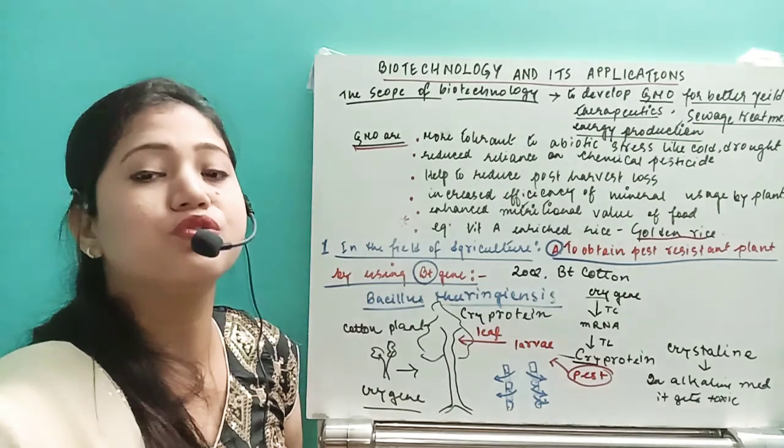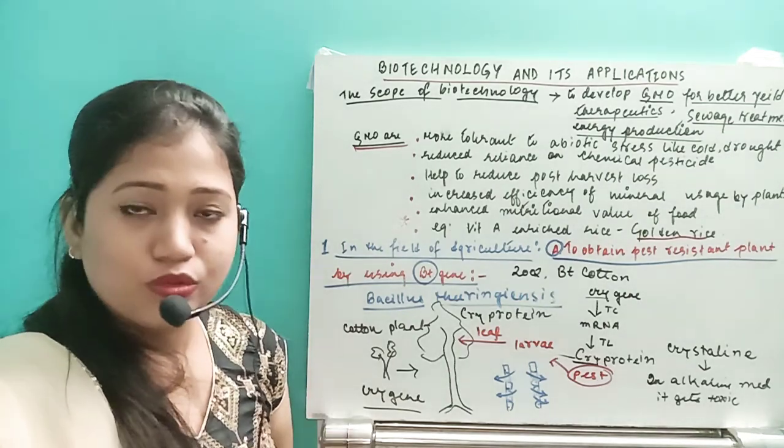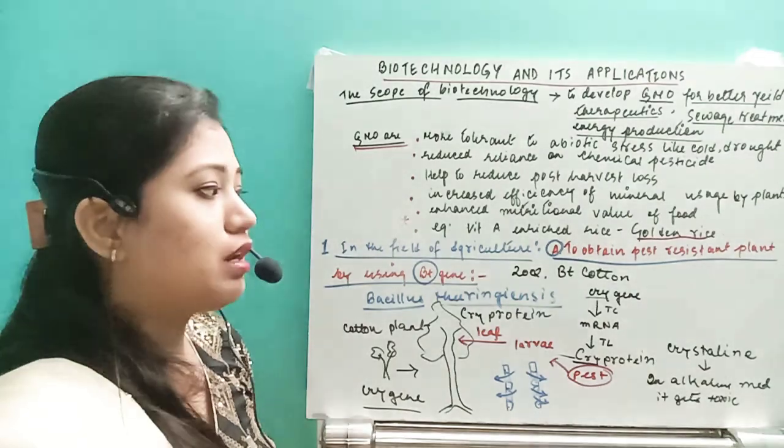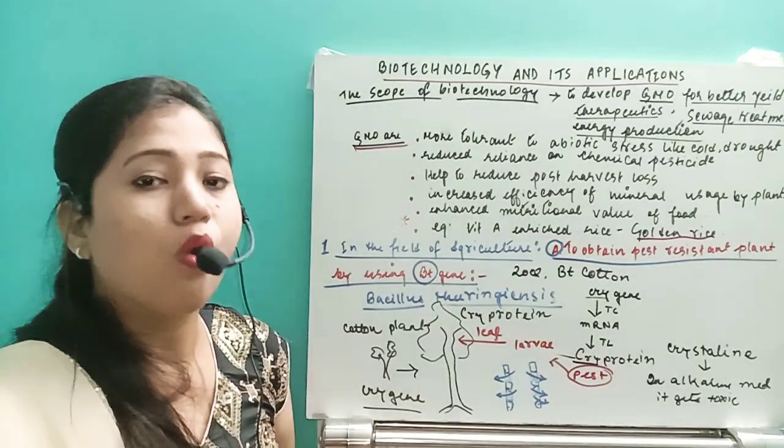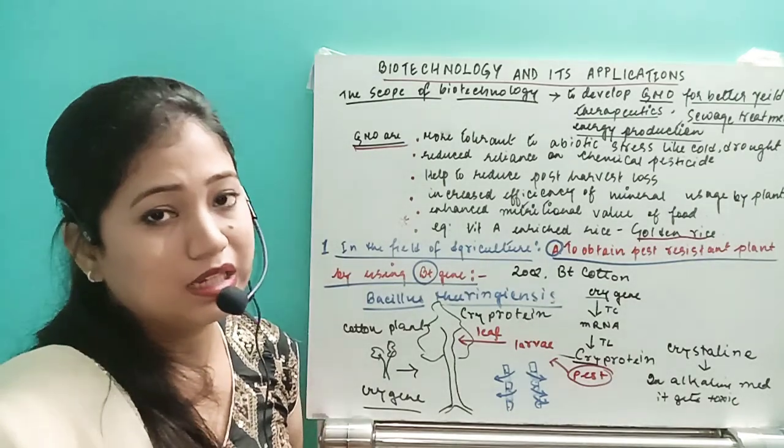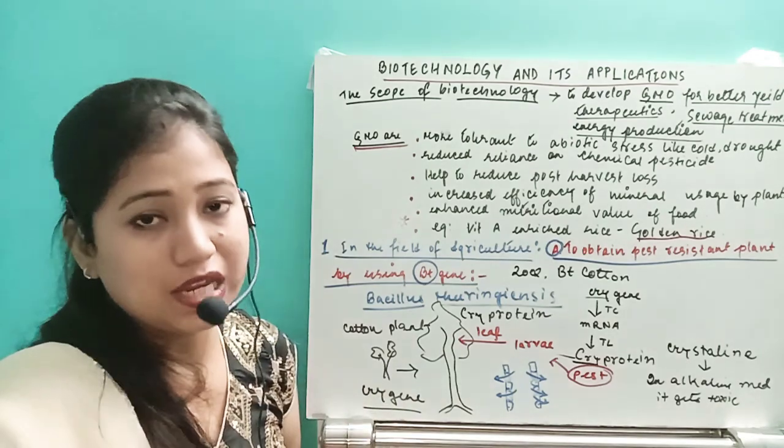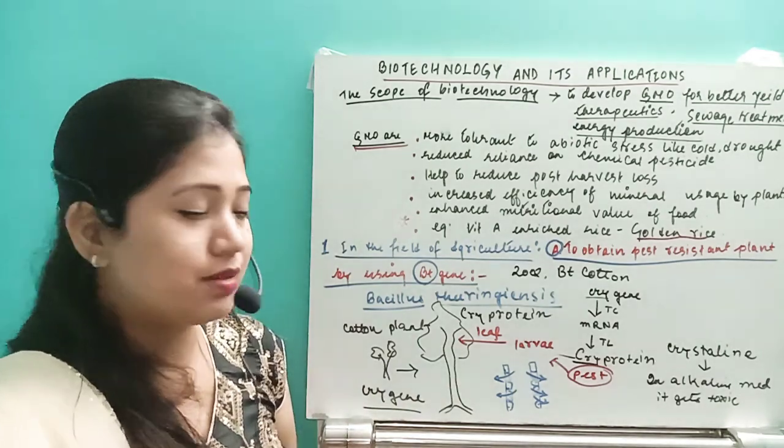That's why it was not introduced into brinjal. But till now BT cotton, BT tobacco, and also BT soybean have been introduced with this cry gene, so that makes the plant a pest resistant plant.